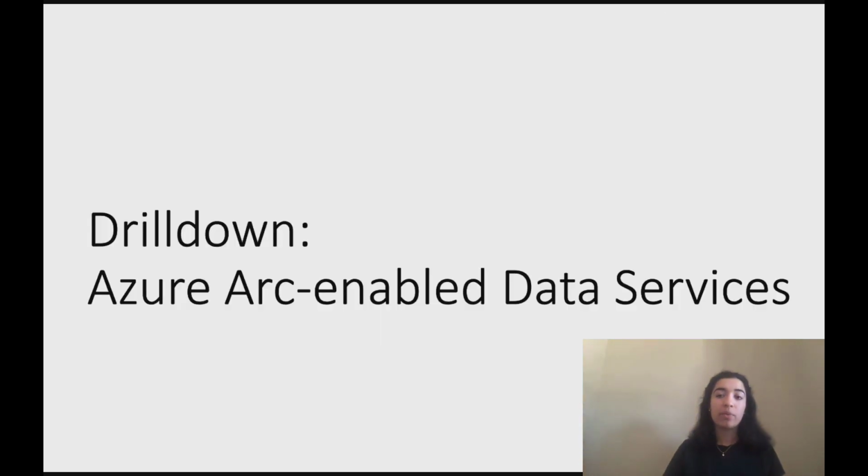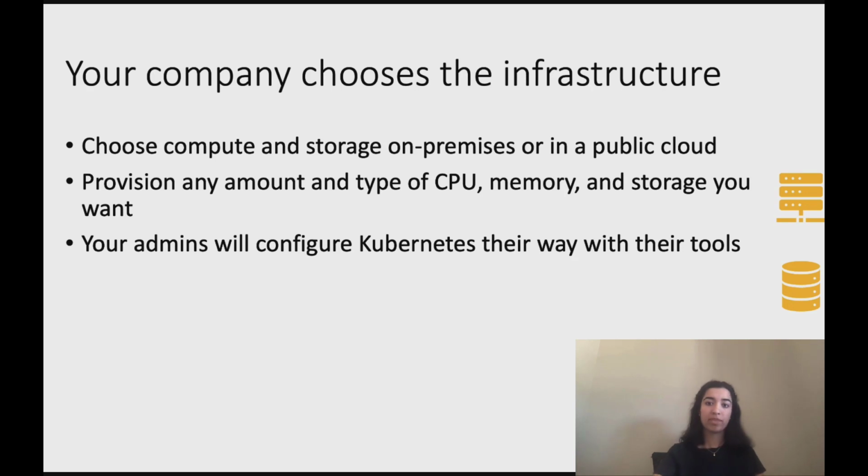So now that we have that broad understanding of Azure Arc, let's drill down and specifically take a look at Azure Arc-enabled data services in depth and the scenarios that it opens up. One of the best pieces, and which is really important to highlight, is that customers can choose the infrastructure, which means that if you're a customer, you can provision the hardware and Kubernetes on premises or in any public cloud.